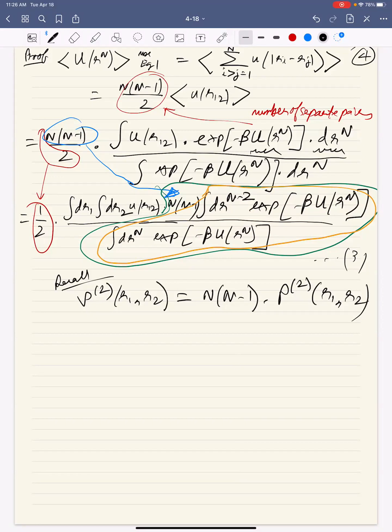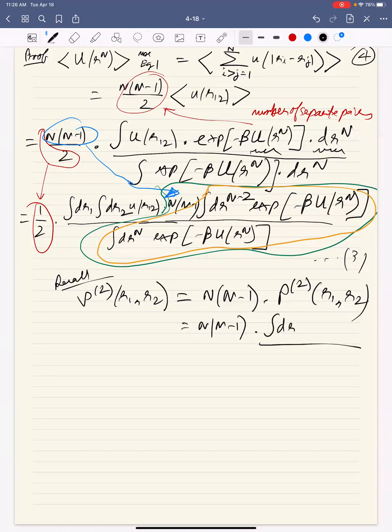So we have this, and what is P2 of R1, R2? P2 of R1, R2 is exactly what we have in the integral.